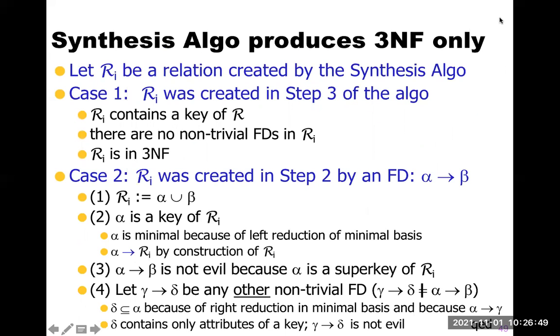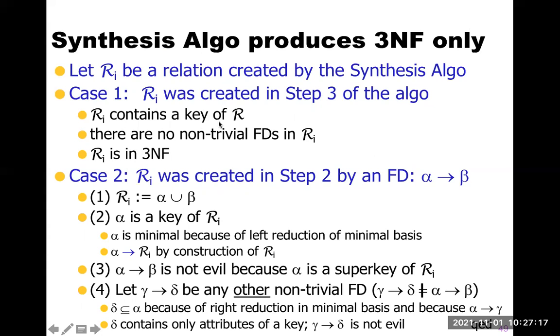And the synthesis algorithm produces only third normal form, nothing in smaller normal forms. And then let's look at it. If I have some result of the decomposition, some table that's a result of decomposition, Ri created on the third step, built from keys.